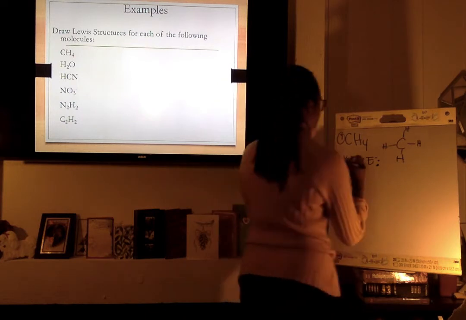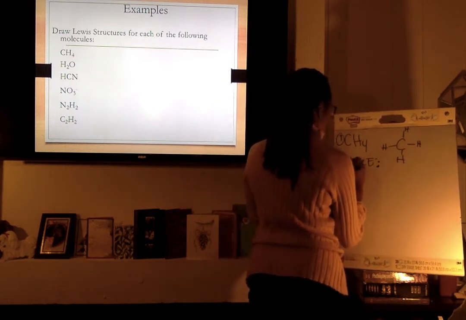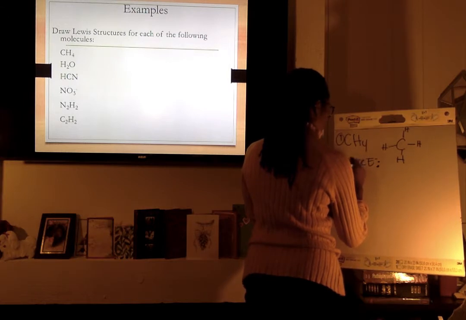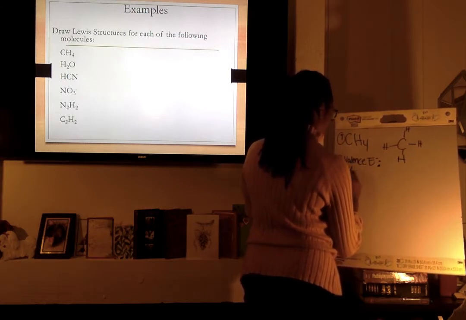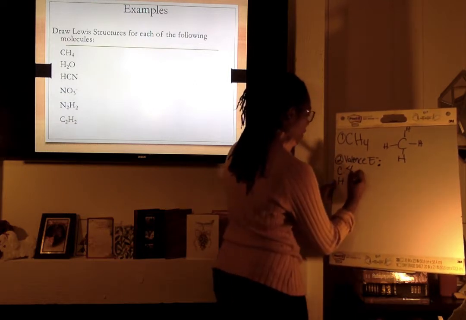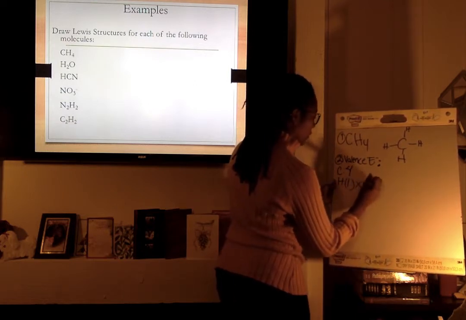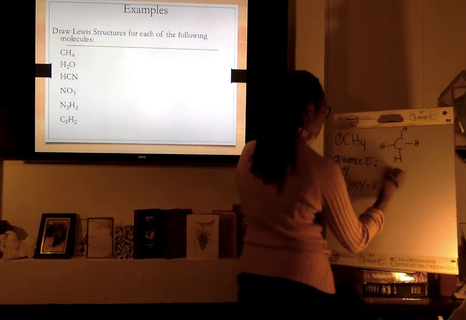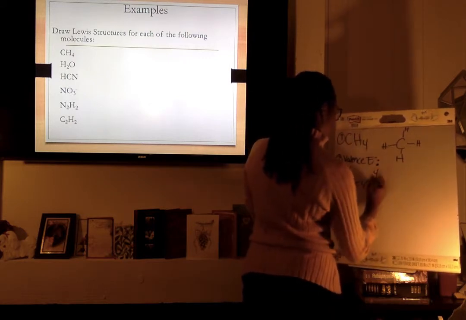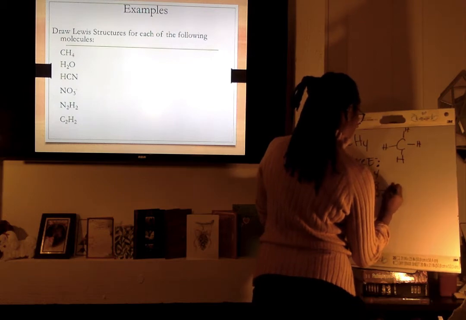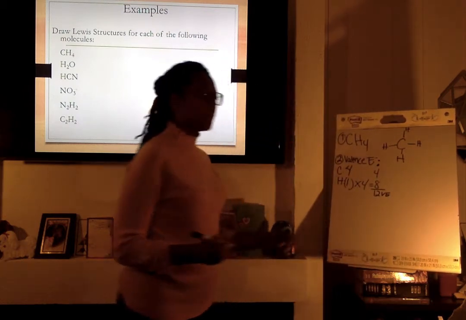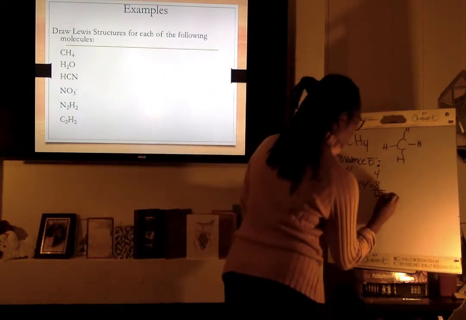So, carbon has 4. And hydrogen has 1, but there's 4 hydrogens, so it's going to be 8. So 4 plus 8 is 12. So we have 12 valence electrons, right?